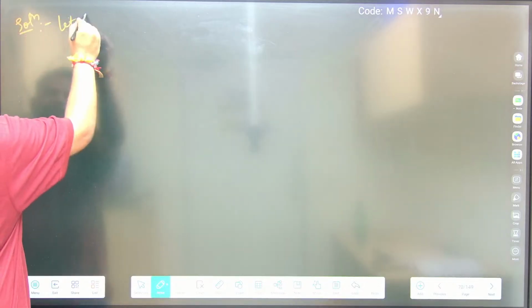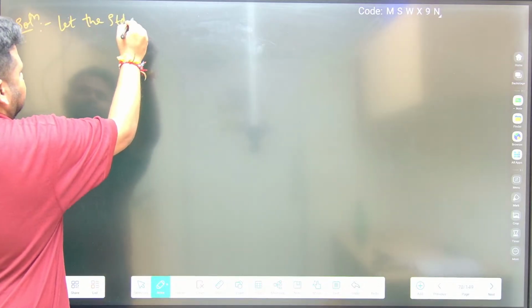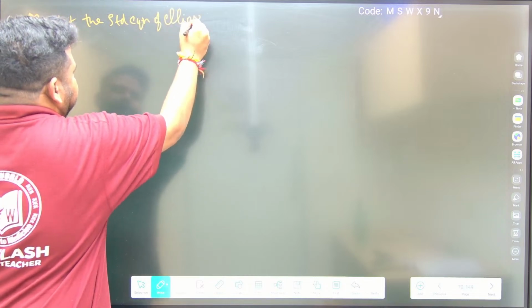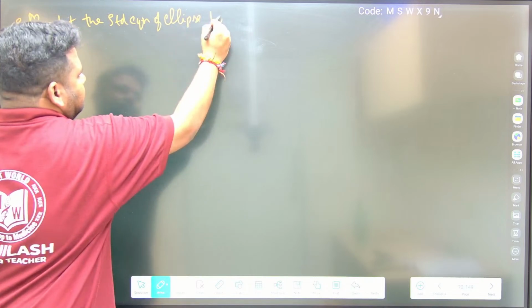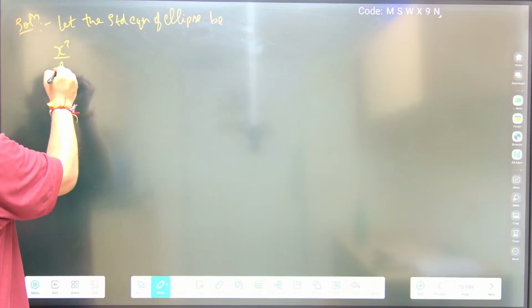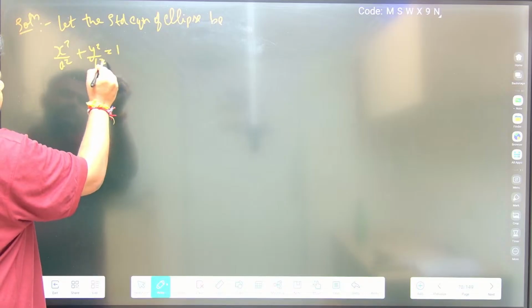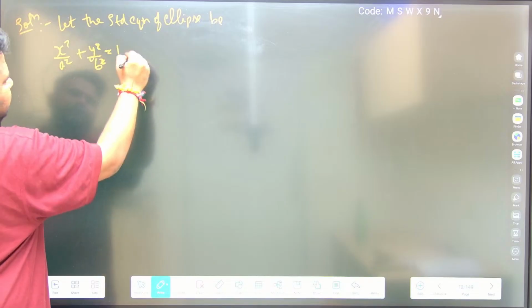Let the standard equation of the ellipse be x square by a square plus y square by b square is equal to 1, where a is greater than b.